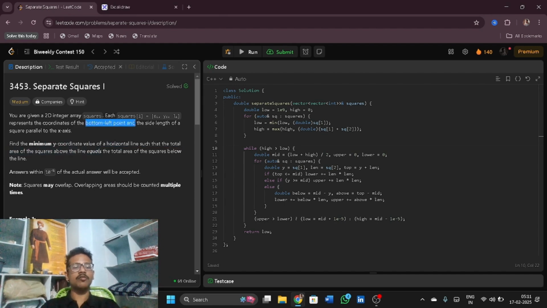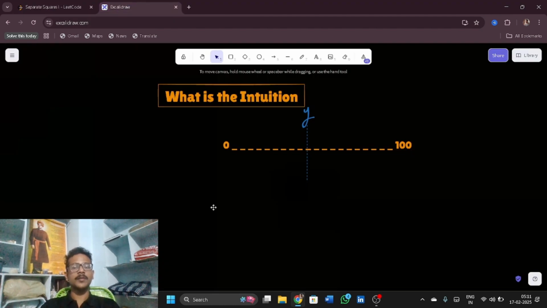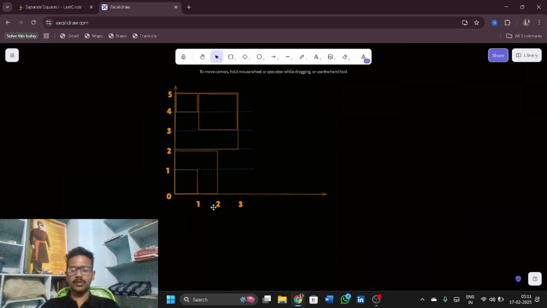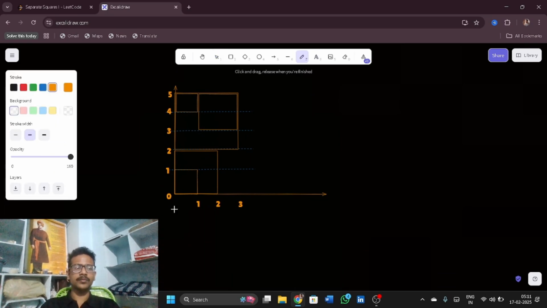Now, each entry gives the bottom left point and the side length of a square parallel to the axes. That means if we are given 0, 0, 1, then a square of side 1 has its bottom left point at 0, 0.